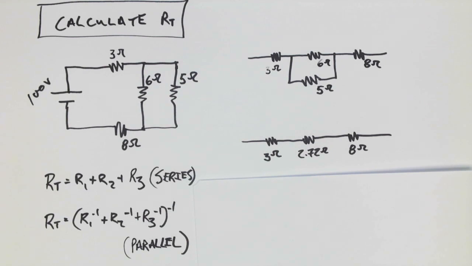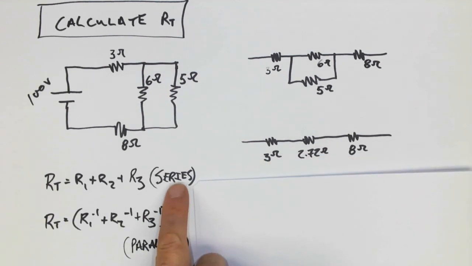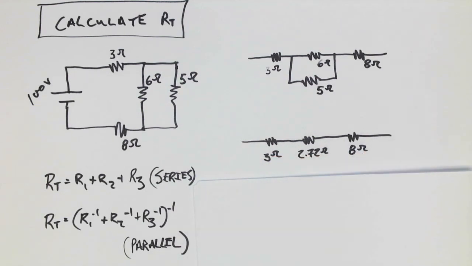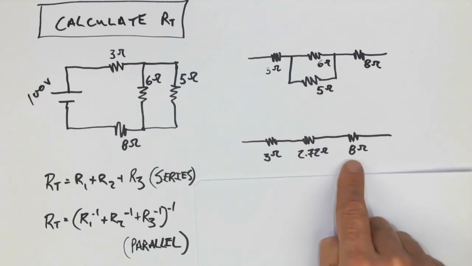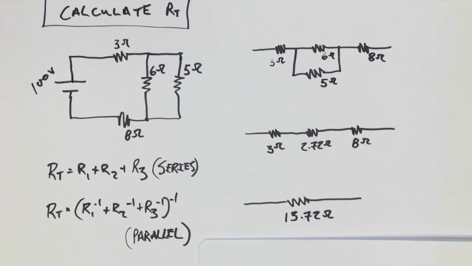And that then requires me to combine all of these in either series or parallel. And we can see quite obviously that these resistors are connected in series, which then means that if I simply add them together, 3 plus 2.72 plus 8, we should get the total resistance of the circuit. That gives me 13.72 ohms.